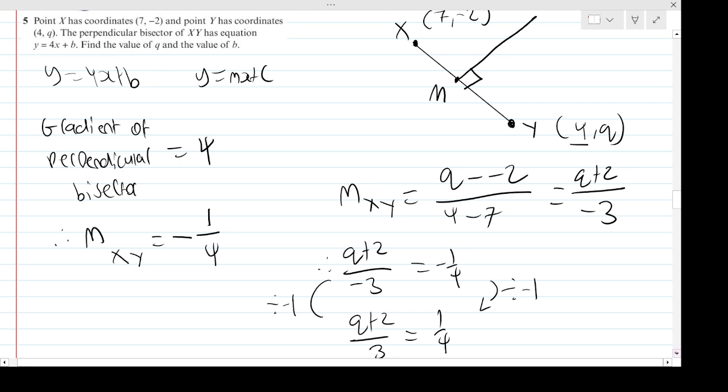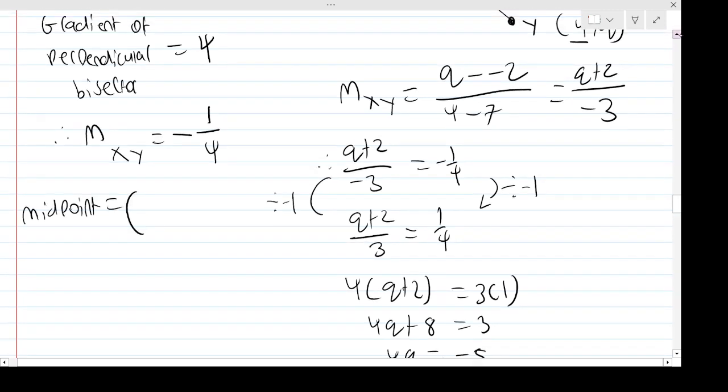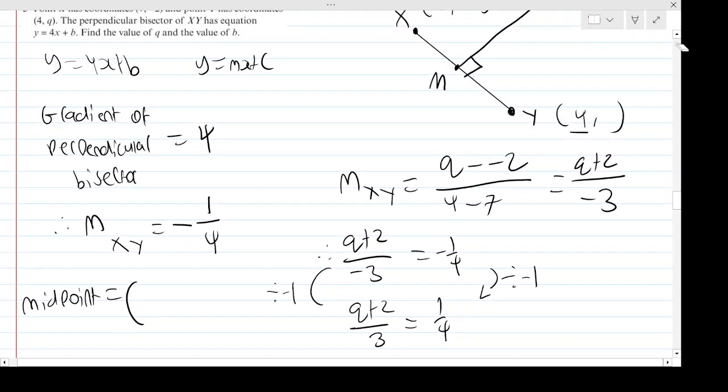So I need a point on the bisector. Well, I do know a point. Again, it's going to be the midpoint. I should always be looking out for a midpoint when dealing with bisectors, okay? So the midpoint of xy, again, now we know what q is. We can fill this in as minus 5 over 4.